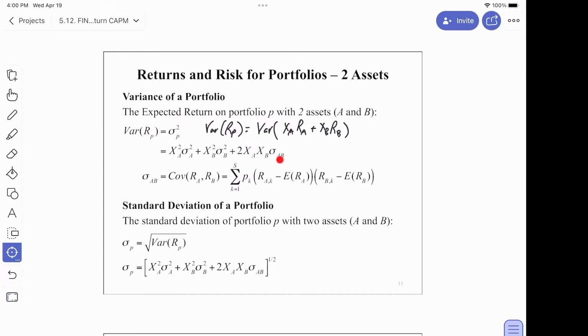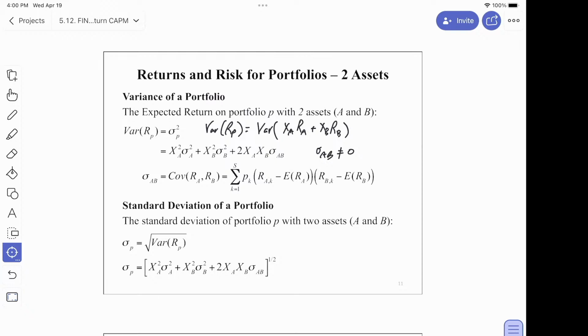This extra term only exists if there's a correlation between A and B. If they're unrelated, if there's no correlation, one doesn't depend on another, this does not exist.